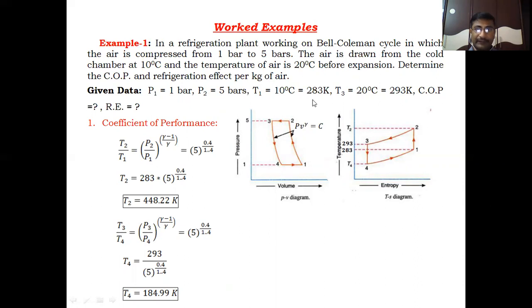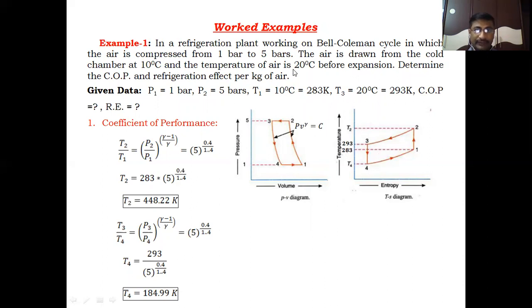The air is drawn from the cold chamber. State point 1 is at the exit of the cold chamber, where the air is drawn into the compressor. The temperature at the exit of the cold chamber is taken as 10 degrees centigrade, that is T1 equals 283 kelvin.